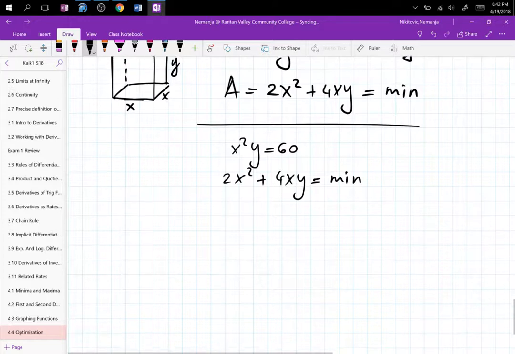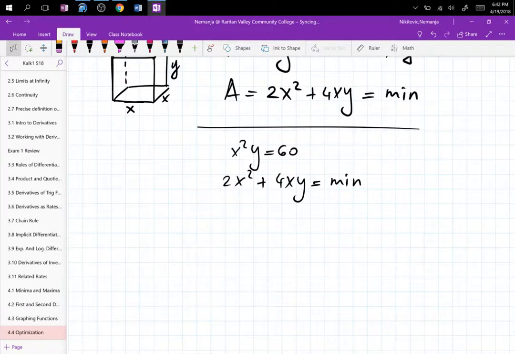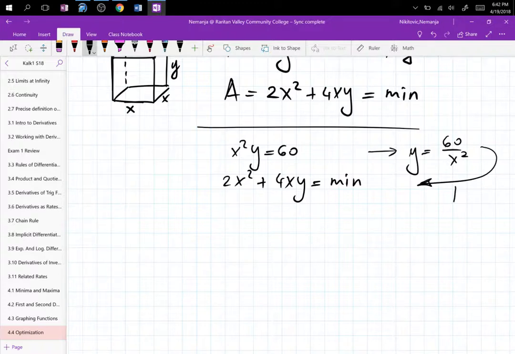Now there is a little bit of finesse in how to solve this, right? Observe that at the bottom you only have a single y. So you solve for y. And y is 60 over x squared. And you plug that in.